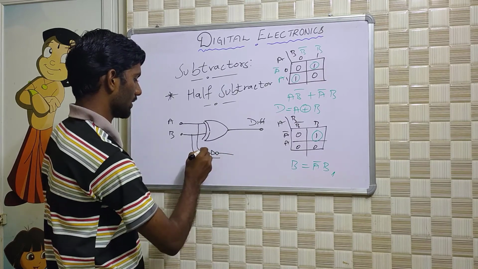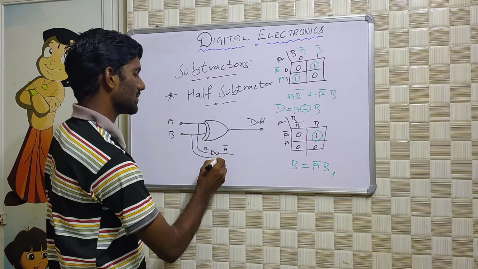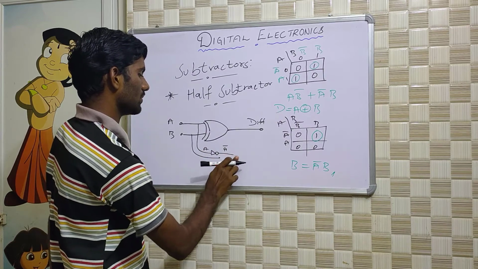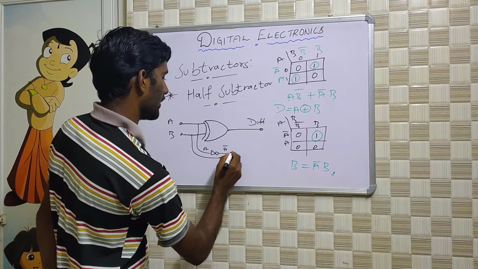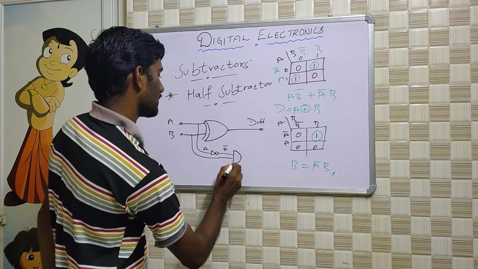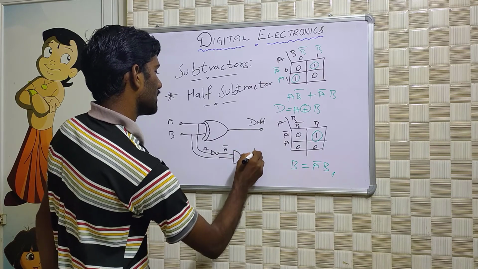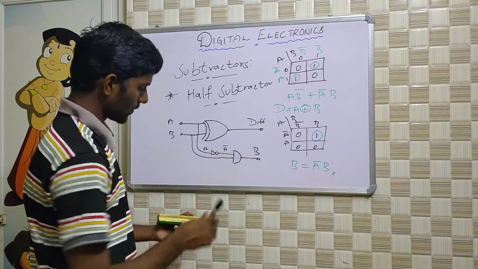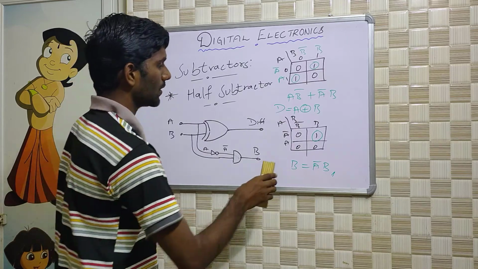So here it will be A, and here it becomes A bar. Then we need to perform AND. So this is the borrow. So this is the half subtractor.